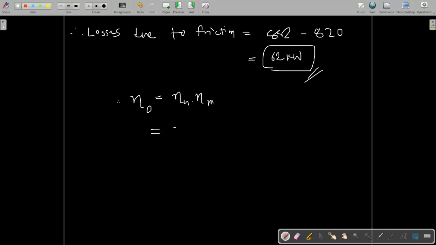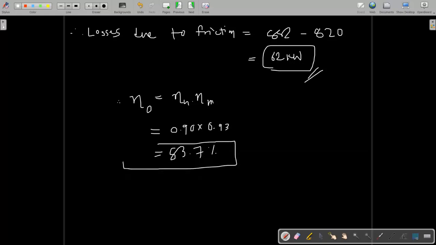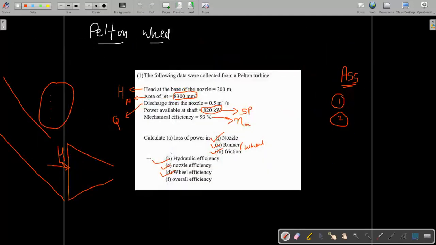The hydraulic efficiency is 90%, and the mechanical efficiency is 93%, given in the data. Okay, so when you multiply both of these, you will find 83.7%. So this is the final answer, and we have found all the missing data and all the things that we had to find.